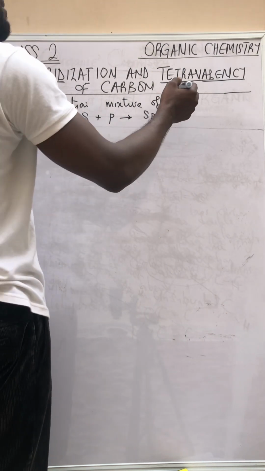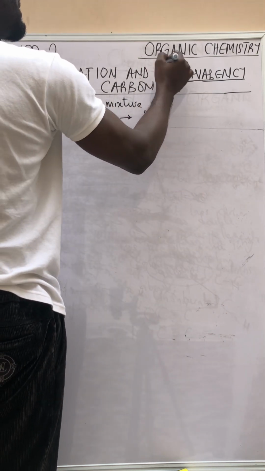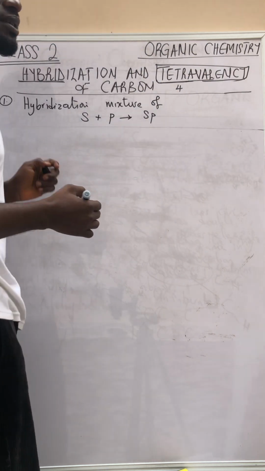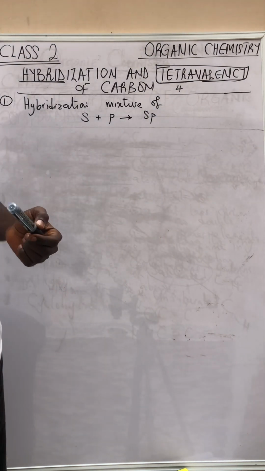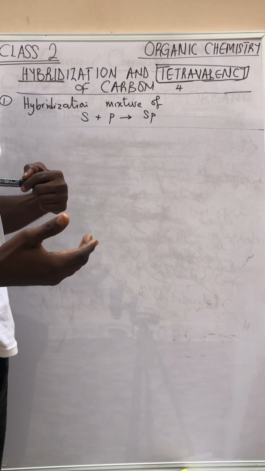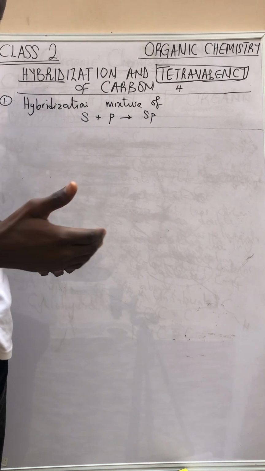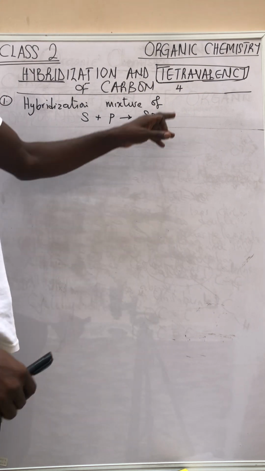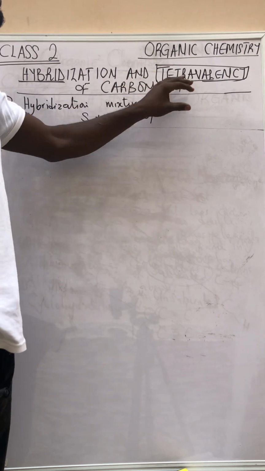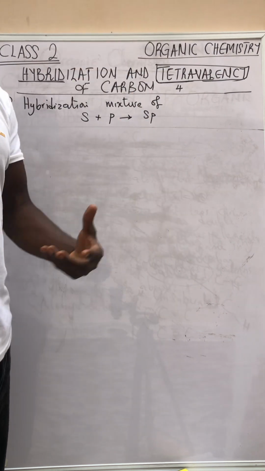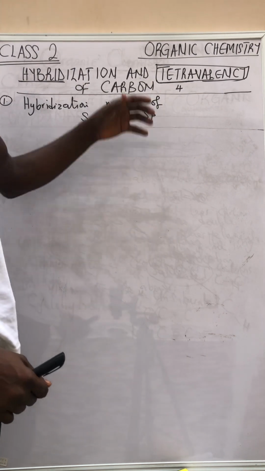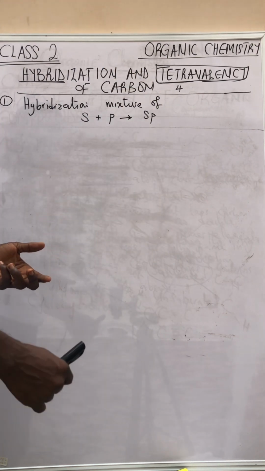So that means tetravalency is all about four electrons in the outermost shell of a carbon atom. So tetravalency of carbon means four valence electrons in the outermost shell of a carbon atom.